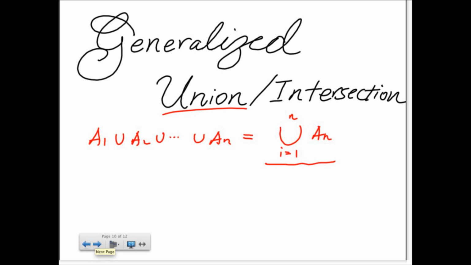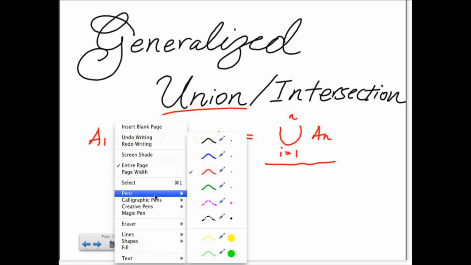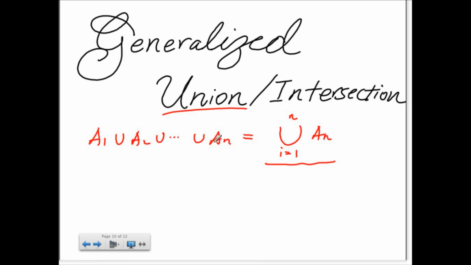And what does that mean? I'll give you a really straightforward example. So imagine this is me, and I have some friends called A1, they have spiky hairs.